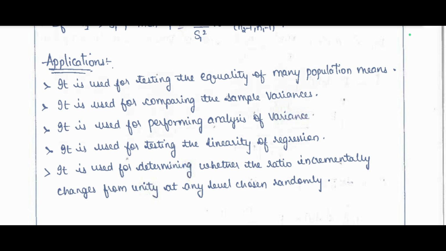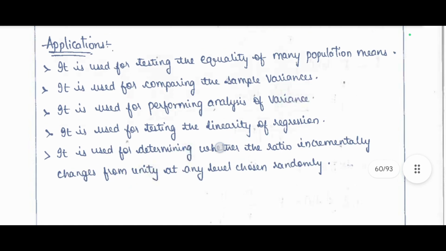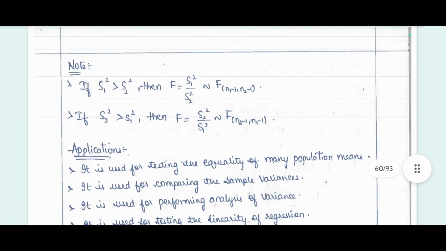It is used for testing the linearity of regression. It is used for determining whether the ratio incrementally changes from unity at any level chosen randomly. These are some applications of the F statistic.